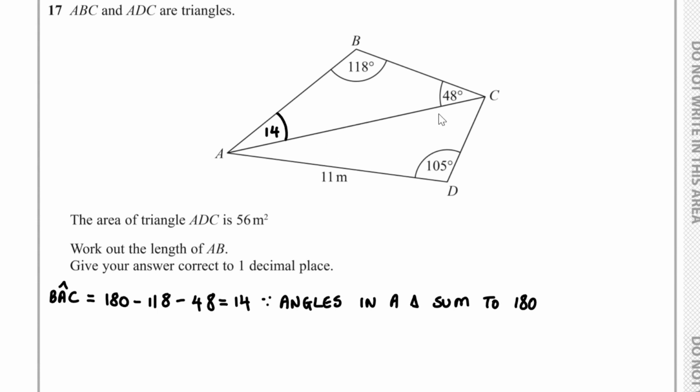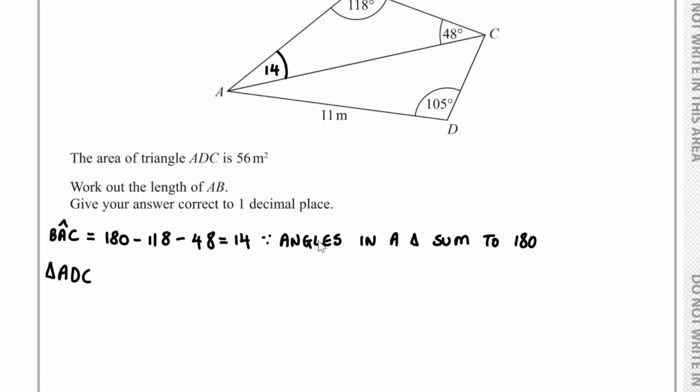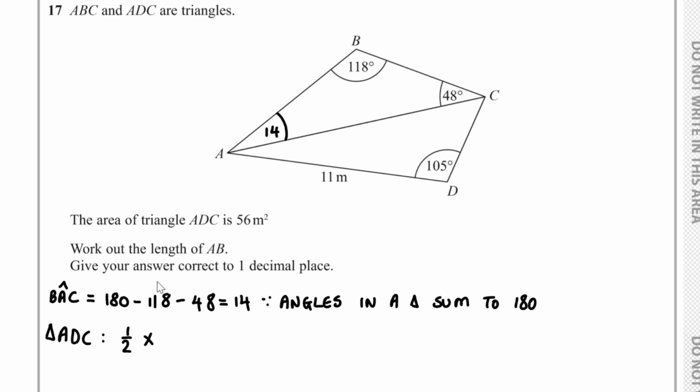Now we know that the area of the triangle ADC is equal to 56 centimetres squared. So we've got 1/2 times 11 times CD times the sine of 105 degrees.